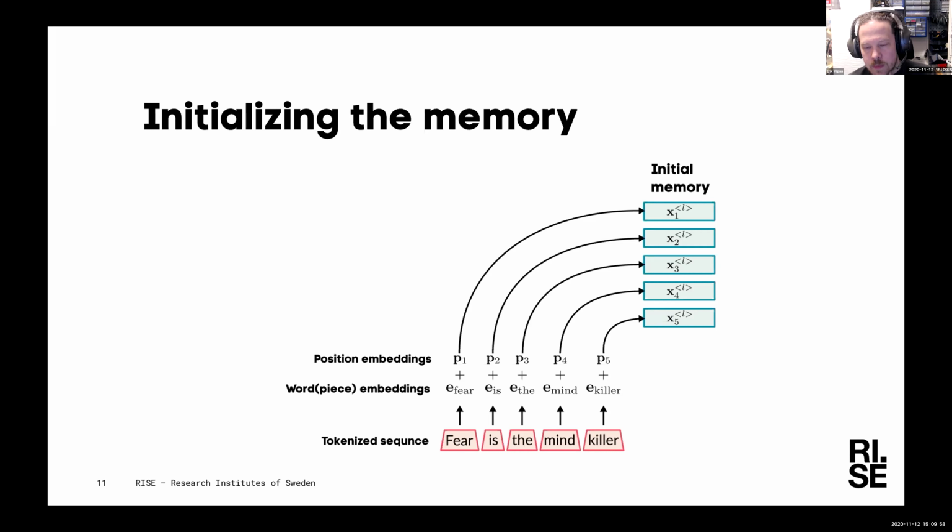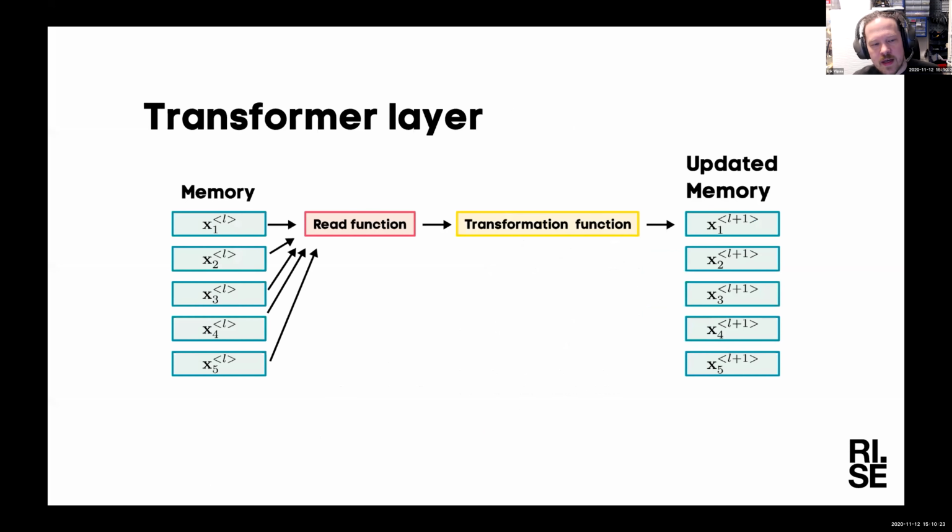There are many ways of doing this in transformers, but one popular way is to actually learn what's called a positional embedding. So each element of this set has one part which is the content, in this case the word piece embedding, but also its order in the sequence, since this is now a set model. This is how we typically initialize the model.